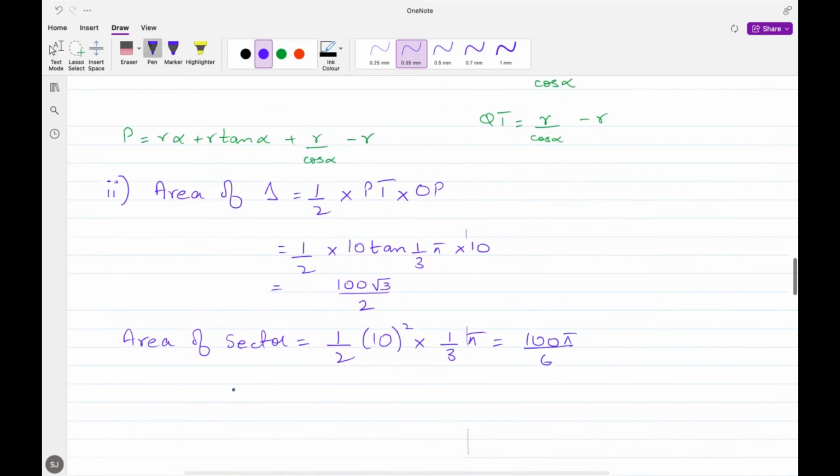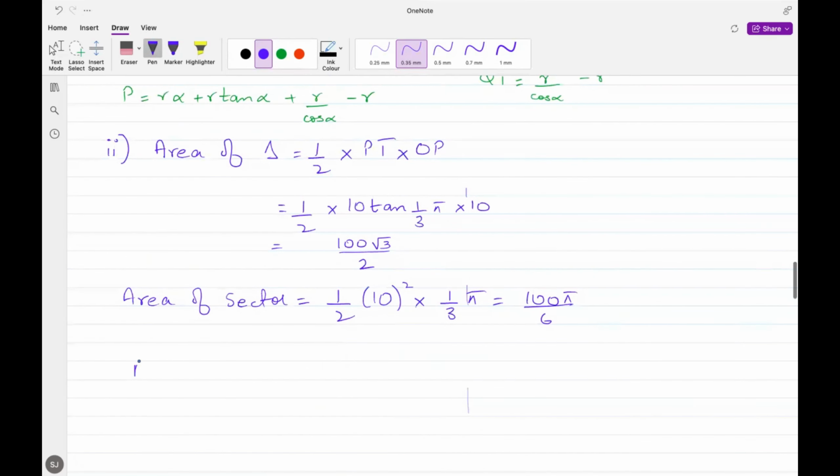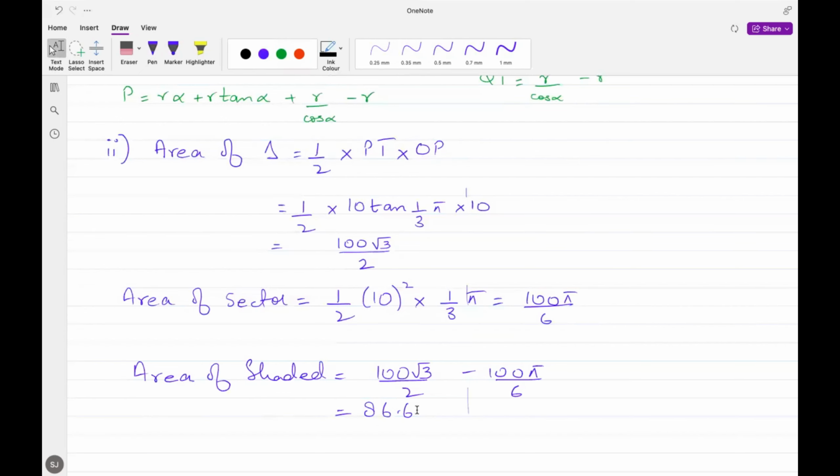Now to find the area of the shaded region, we'll subtract the two areas. So the area of the shaded region will be equal to 100 root 3 upon 2 minus 100 pi upon 6. Substituting this value in the calculator, we'll get 100 root 3 divided by 2 as 86.6, and 100 into pi divided by 6 is 52.35.